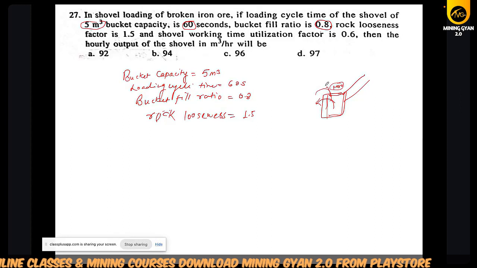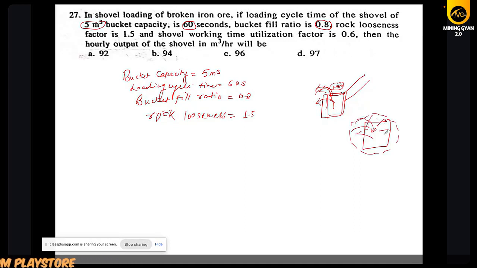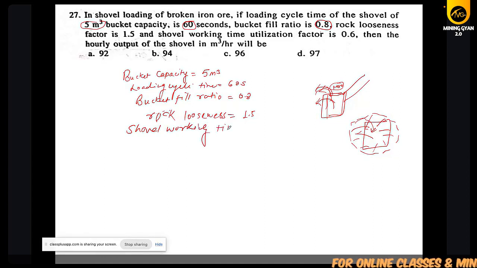Some of the coal or some of the OB will fall down. And what is the swelling factor? If this is your coal block or OB block, when you blast it, its volume will increase. This will be your swelling factor. And the shovel working time utilization is 0.6.